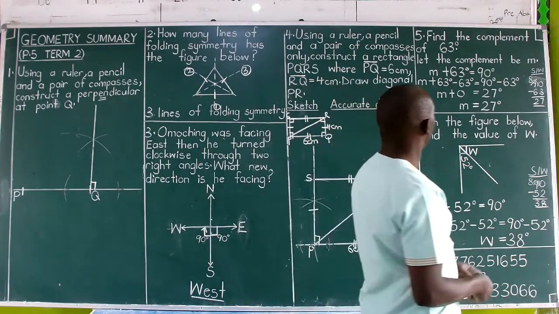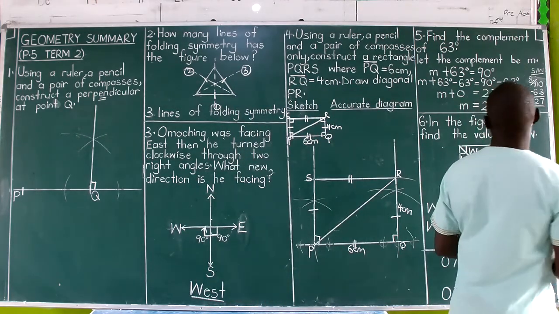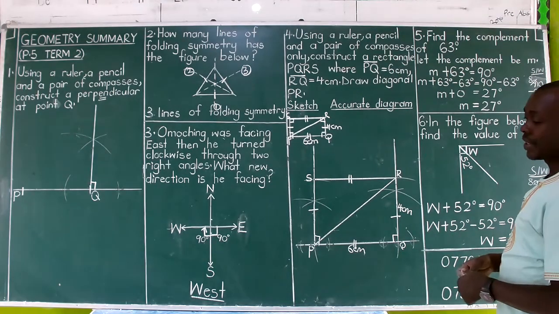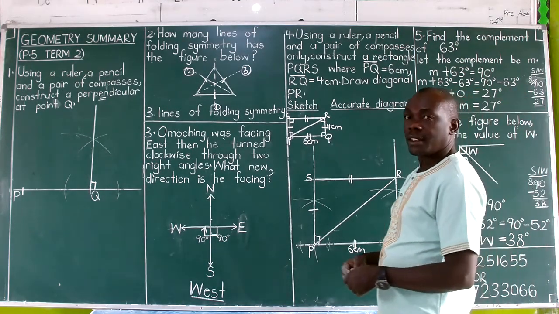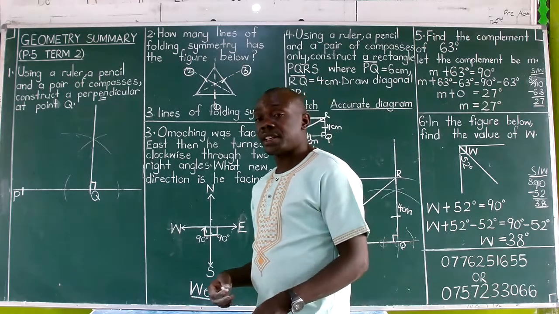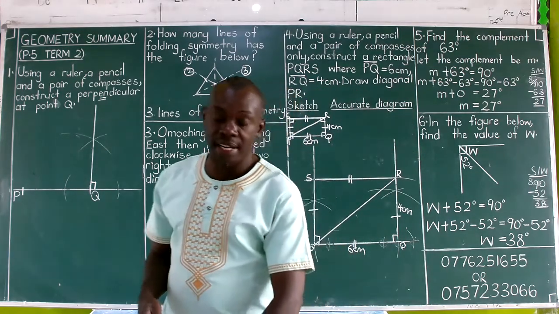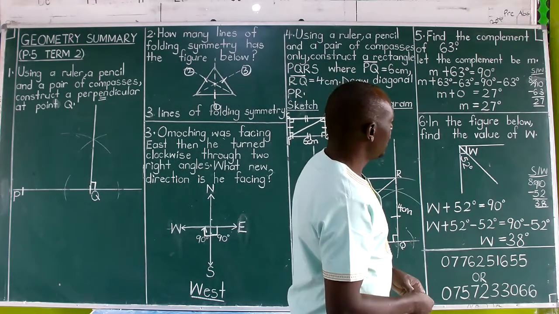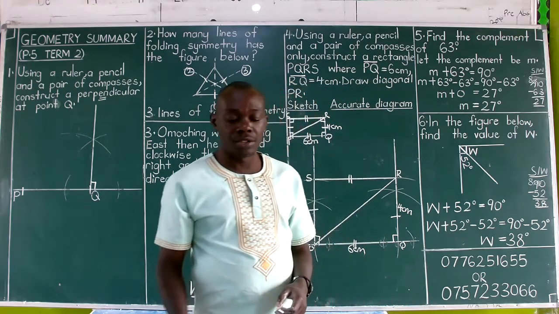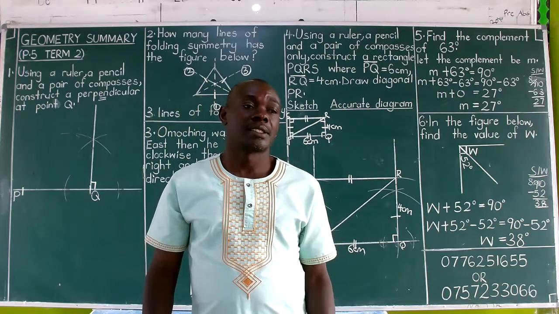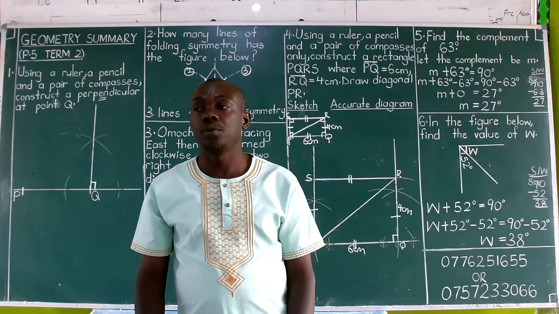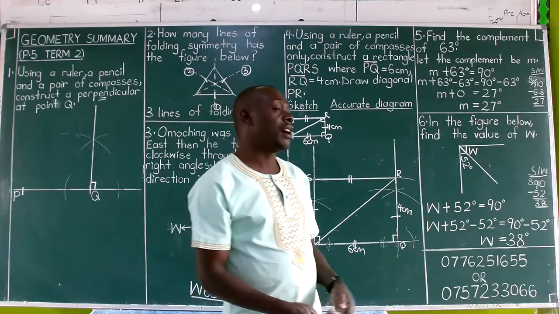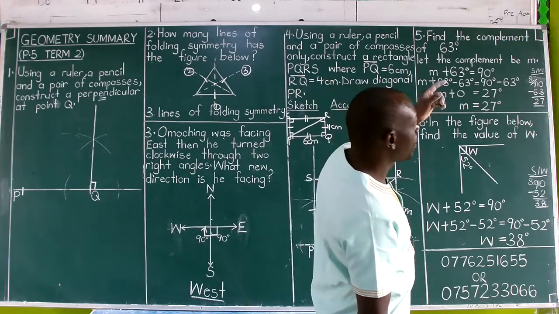As we look at example number 5, find the complement of 63 degrees. In our notes I said complementary angles add up to 90 degrees. And when they ask for supplementary angles, you say supplementary angles add up to 180 degrees. But now we are looking at the complementary angles.